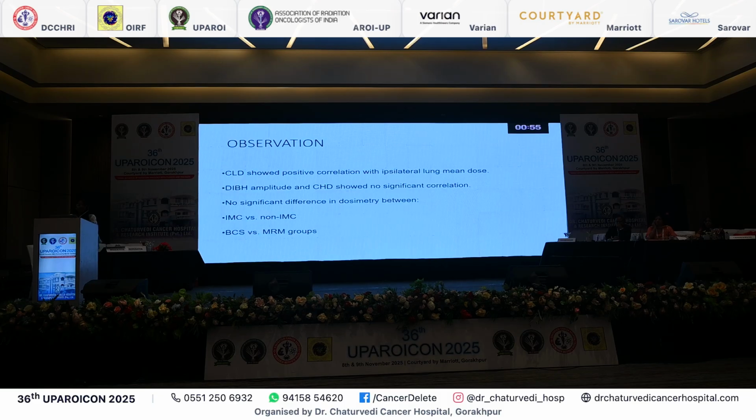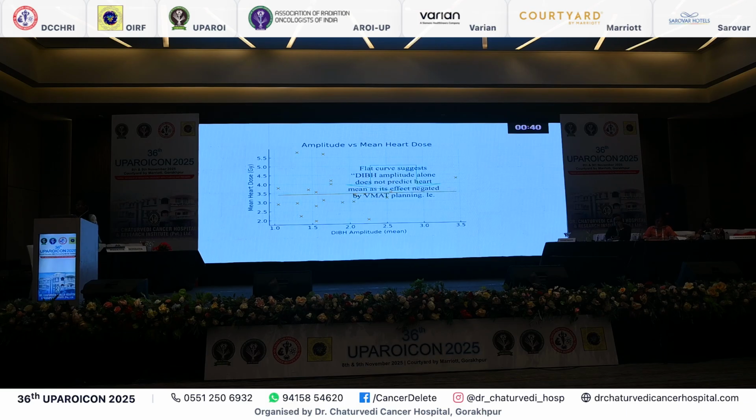Observation: CLD showed positive correlation with ipsilateral lung mean dose. DIBH amplitude and CHD showed no significant correlation. There was no significant difference in dosimetry between IMC versus non-IMC and BCS versus MRM. In this graph, the flat curve suggests DIBH amplitude alone does not predict heart mean dose, as its effect is negated by the VMAT.